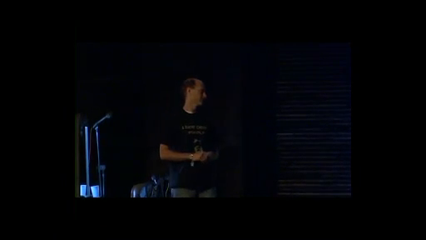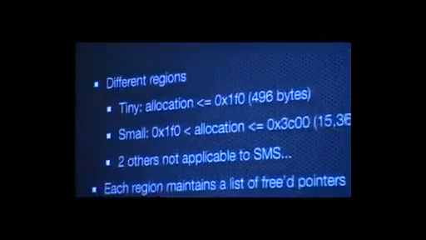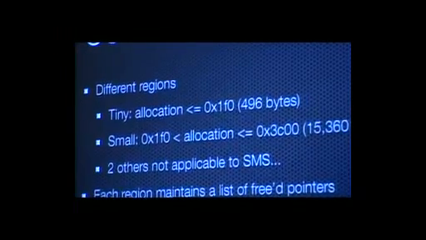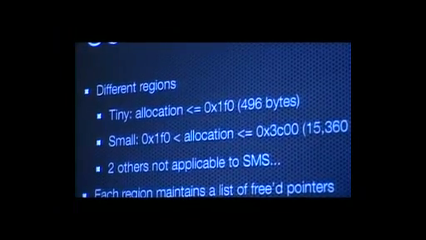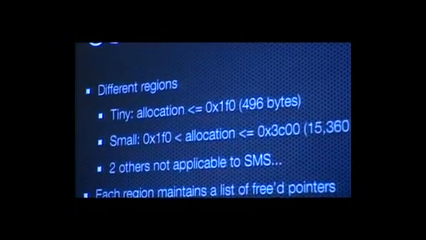All right, so I need to digress a little bit into how memory management happens. There are different memory regions in OS X. The tiny one is for allocations smaller than 500. Then the small one for less than 15,000. Then there are other ones that we don't care about for today. Each of these regions contains a list of freed pointers.